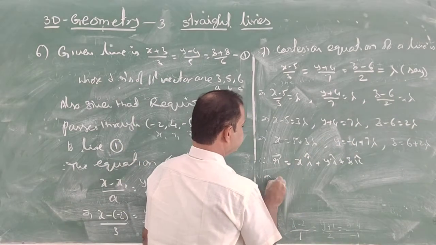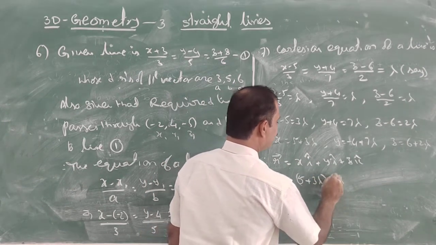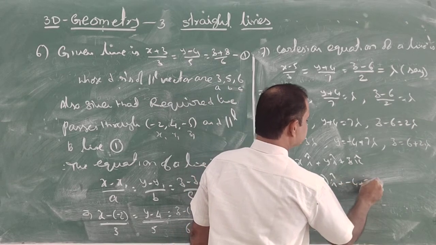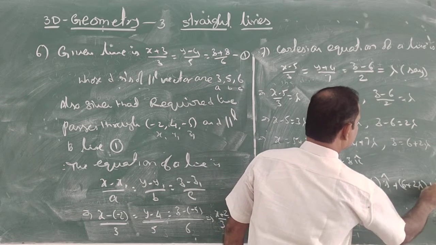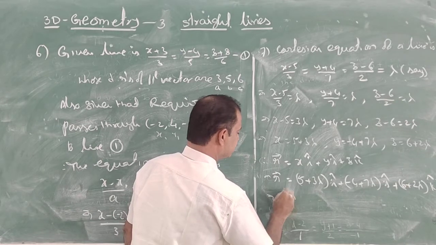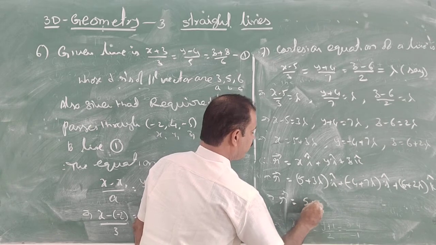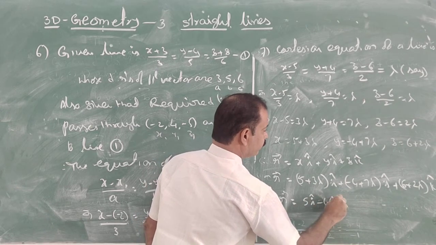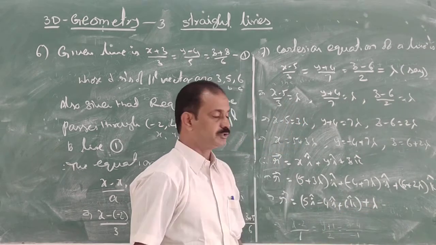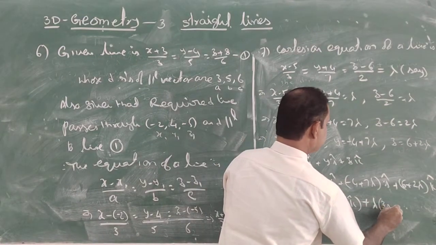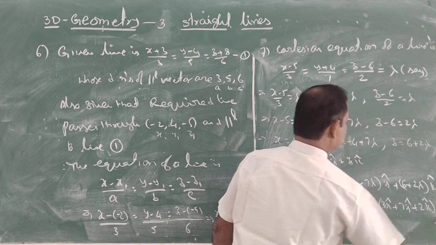Just substitute it, which implies r is equal to 5 plus 3 lambda into i plus minus 4 plus 7 lambda into j plus 6 plus 2 lambda into k, which implies r is equal to, now I will take only the non-lambda terms, 5i minus 4j plus 6k plus lambda into, now the lambda terms, 3i plus 7j plus 2k.